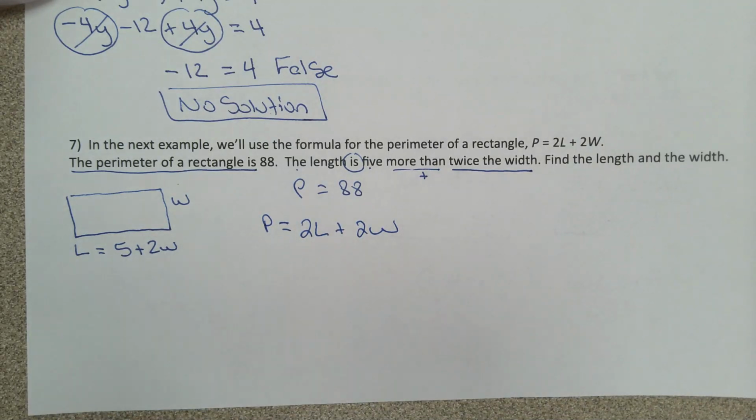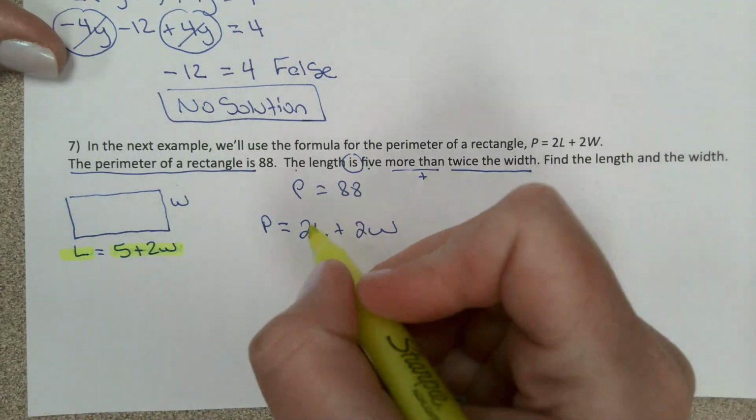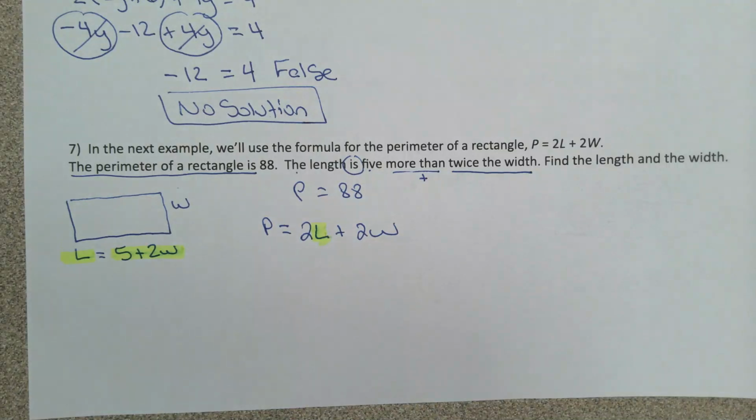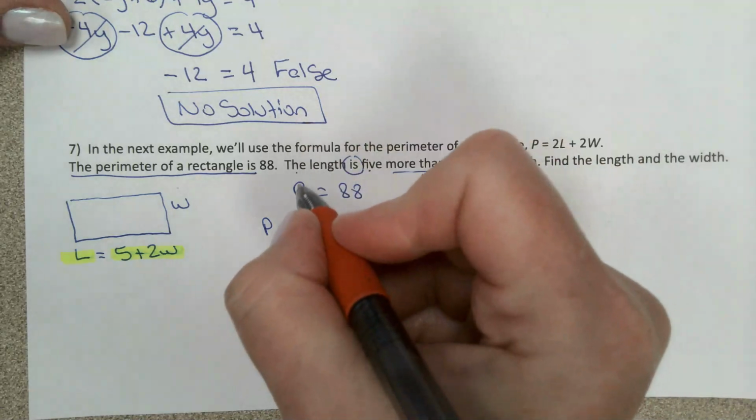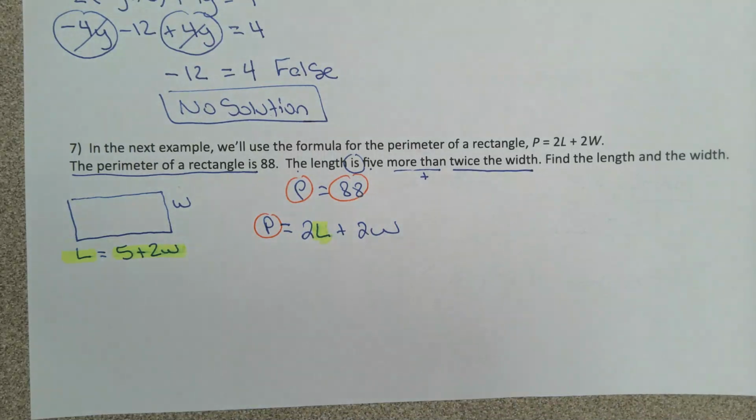So I wrote my equations here, and now I'm going to substitute two things actually. So length and 5 plus 2W, I'm going to substitute that. And then the other thing that I'm going to substitute is, in place of P, I'm going to plug in the 88.